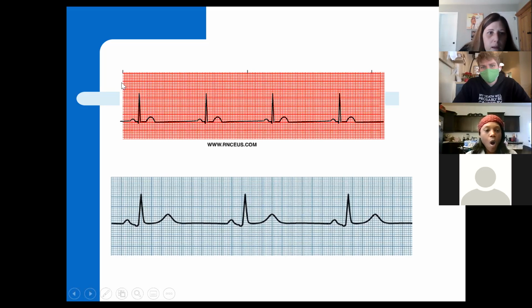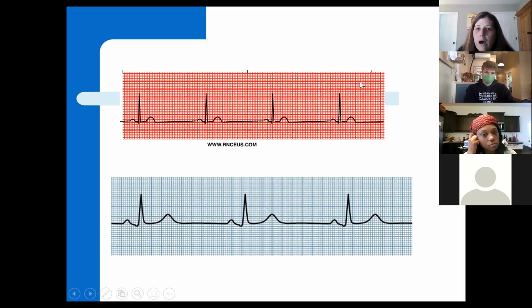So if you count the big boxes between those, 1, 2, 3, 4, 5, 6, 7, 8, 9, 10, 11, 12, 13, 14, 15. Okay? That is 3 seconds. And there'll be 15 from here to here as well. I know that this is a 6-second strip because of that.